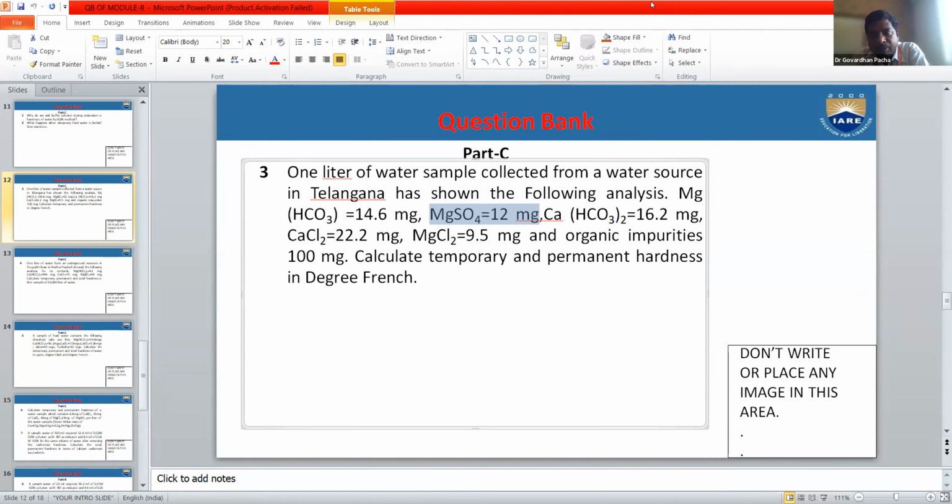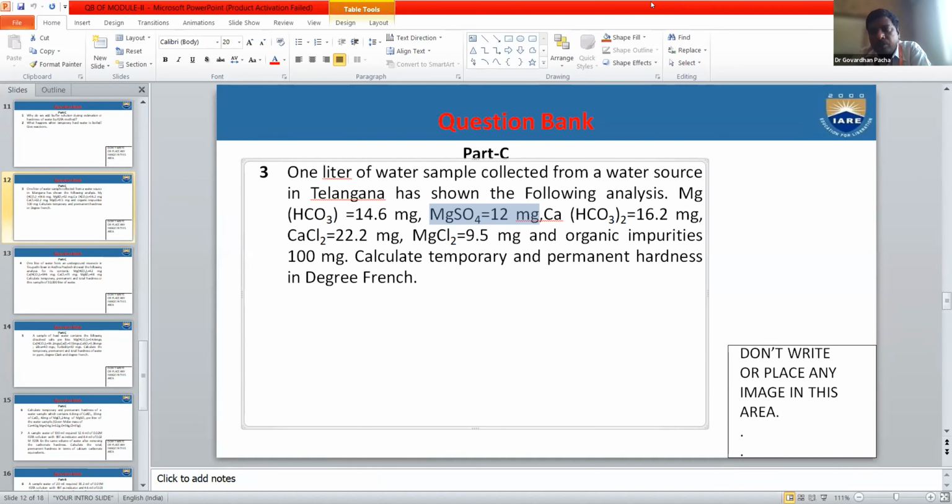Can anybody tell me why the hardness is always expressed in terms of CaCO3? Is there any reason? Sir, its molecular weight is 100, sir. Very good. And the second reason? It is the most insoluble salt, sir. Yes, it is the most insoluble salt compared to the remaining hardness causing salts like calcium bicarbonate, magnesium chloride, calcium chloride.